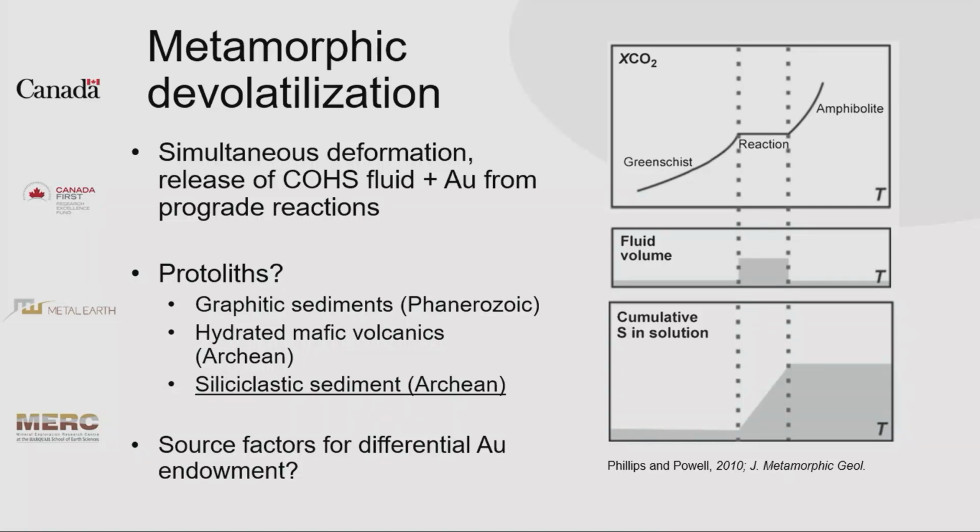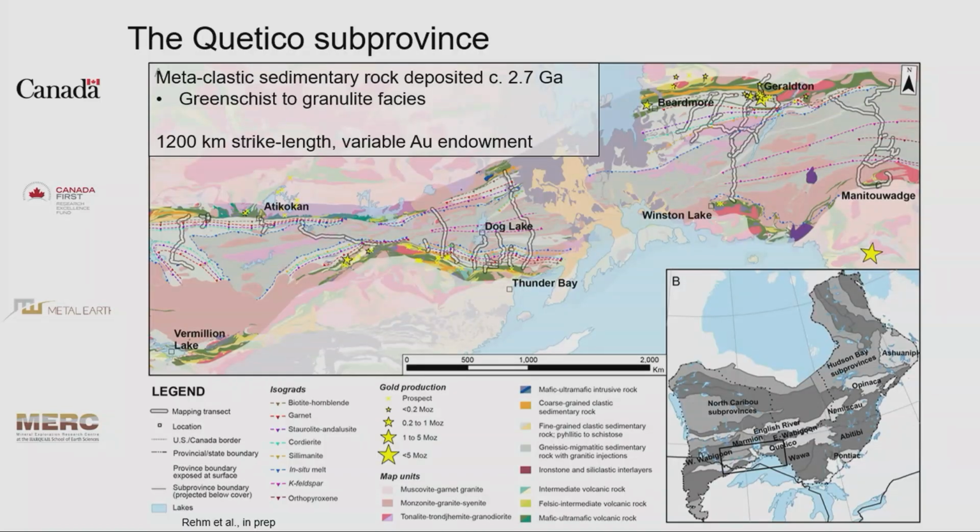So my area is the Quetico subprovince, a big turbidite basin that was deposited around 2.7 billion years ago. One of its great characteristics is that it preserves metamorphosed turbidites from greenschist to granulite facies, exposed along 1,200 kilometers of strike length through central western Ontario.